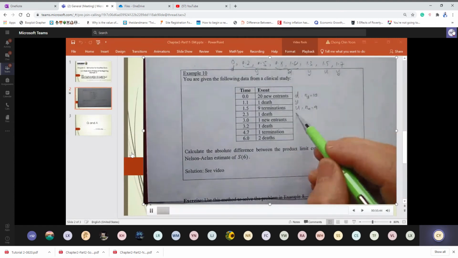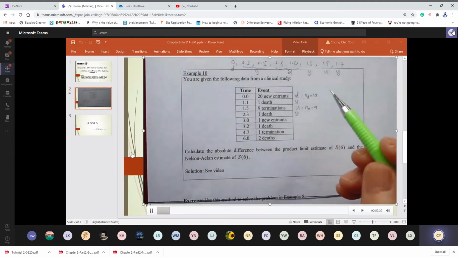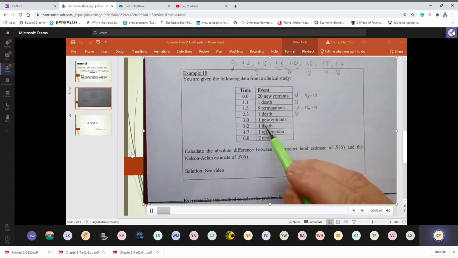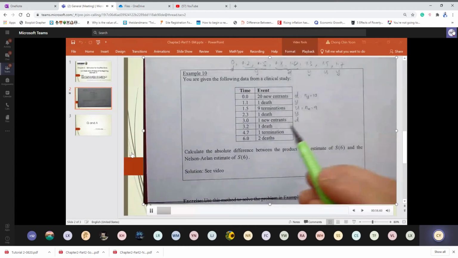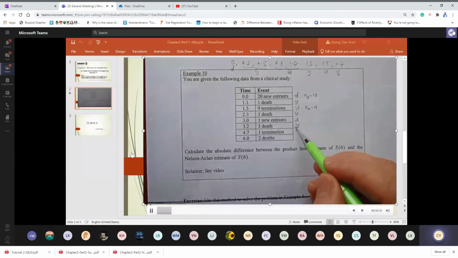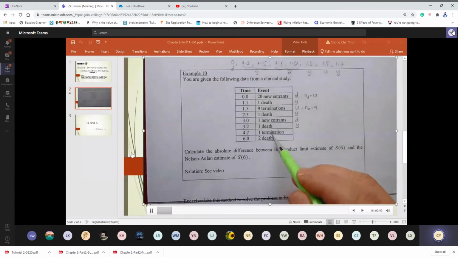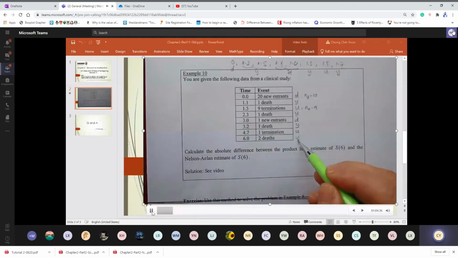One death that is uncensored for y, one new entrance that is d, one death y again, one termination that is u, and two deaths also refer to y, and this we have frequency of 2.